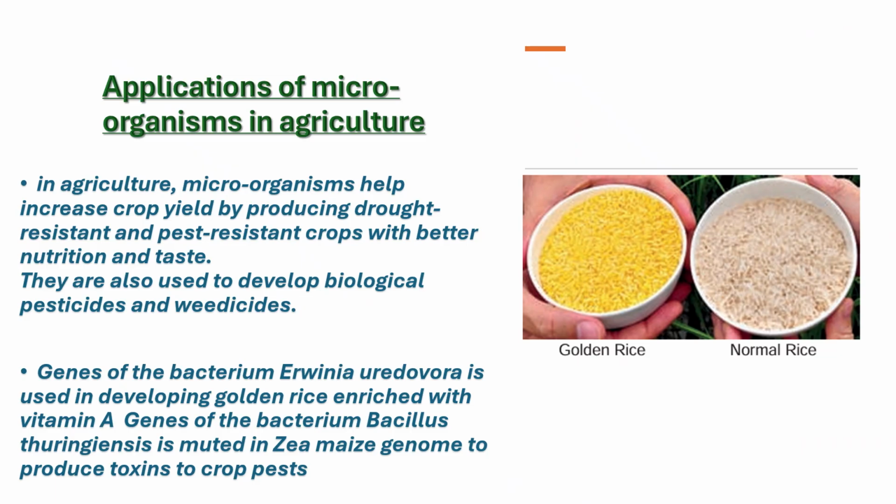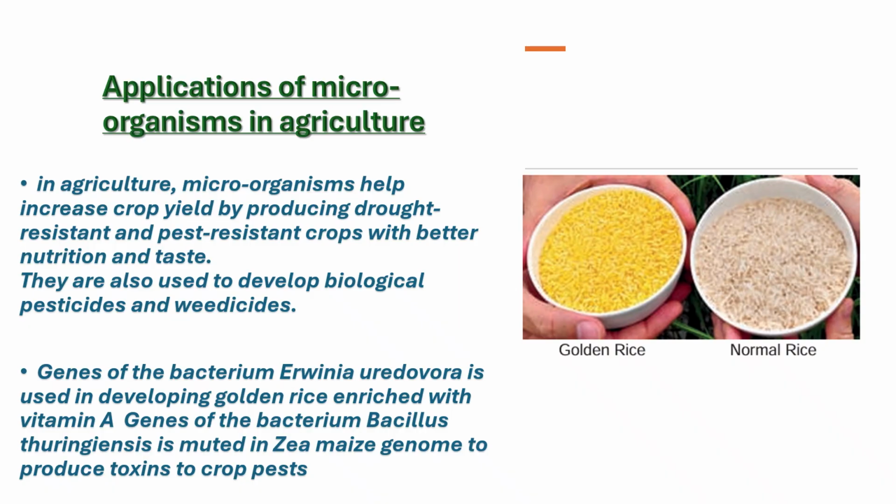Applications of microorganisms in agriculture. In agriculture, microorganisms help increase crop yield by producing drought-resistant and pest-resistant crops with better nutrients and taste. They are also used to develop biological pesticides and weedicides.